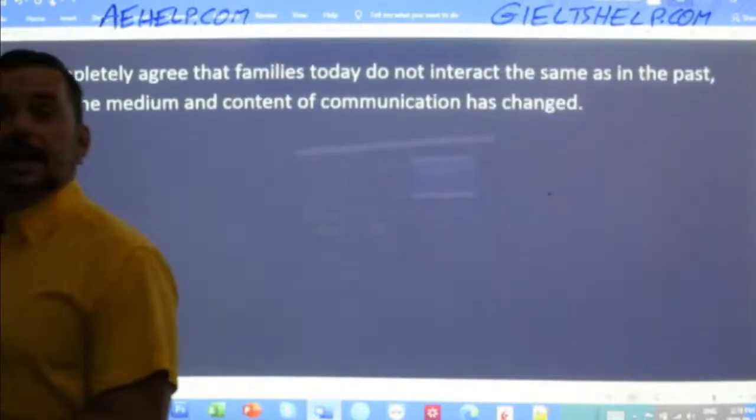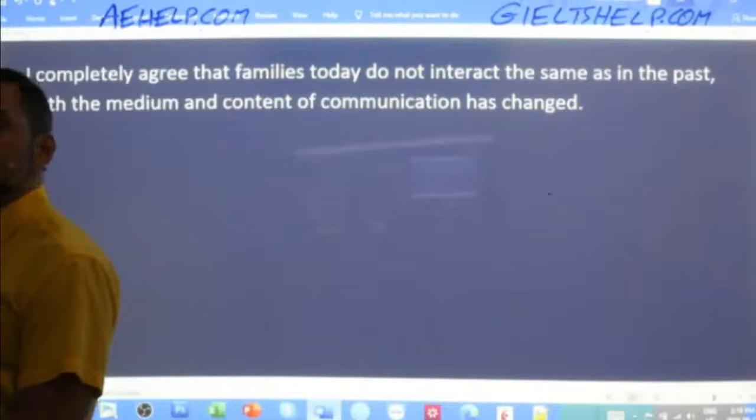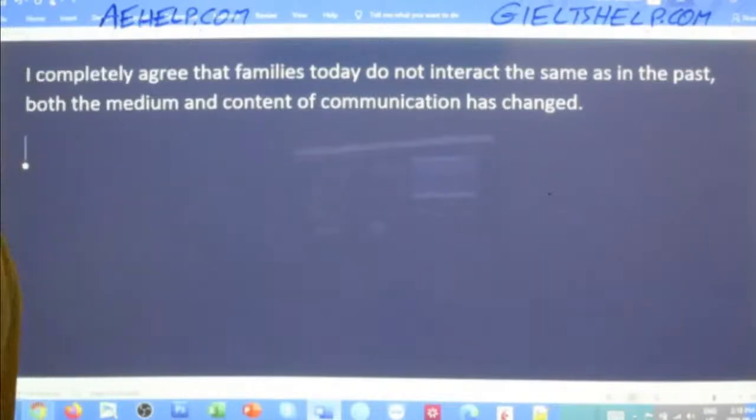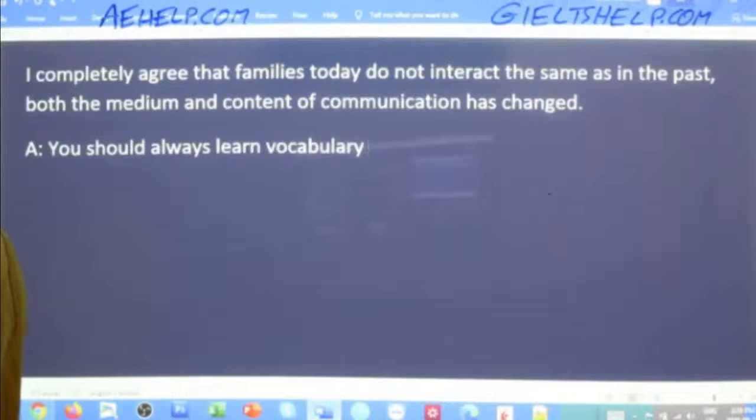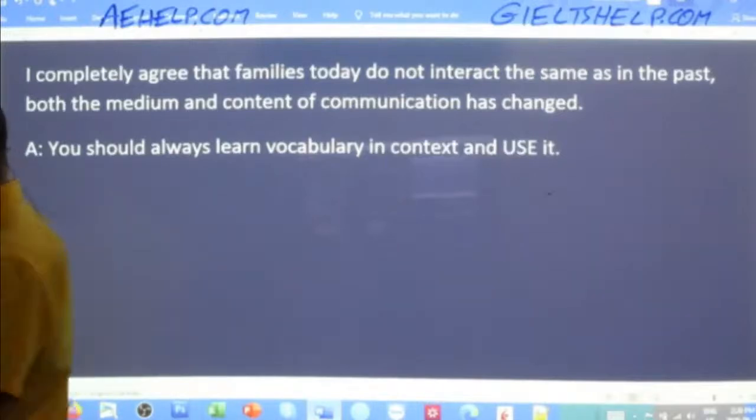Yes, so Nikhil's saying learning vocab is better by reading news. My answer there, Nikhil, is you should always learn vocabulary in context and use it. There's a very wise, I think it's a Tao saying.